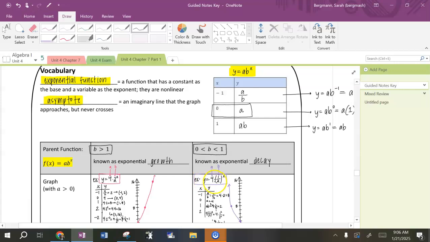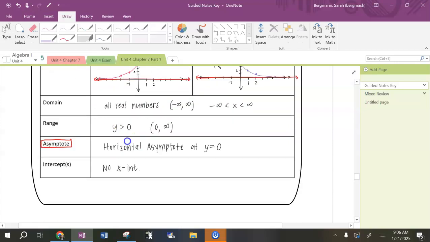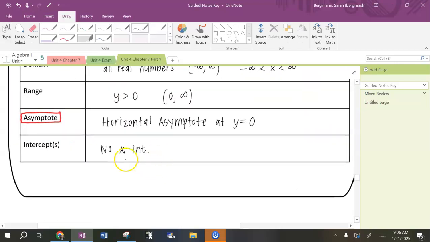Since these two functions had the same a value of 4, they do both have the same y-intercept. The y-intercept is always going to be the same as the a value. So let's write that down. There's no x-intercept, but there is a y-intercept, and it's always going to be at 0, a.